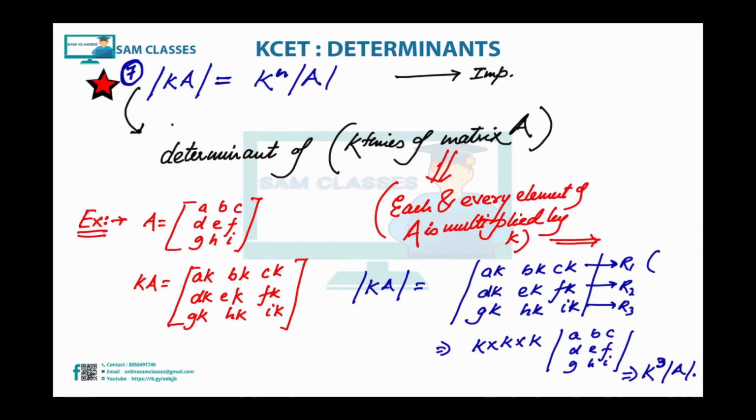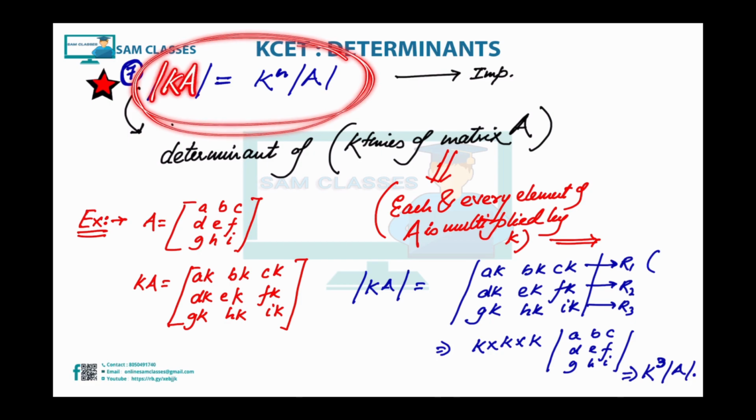Now here is the most important property which we were talking about. The determinant of kA is equal to k to the power n times the determinant of A. Now you will say, sir, it was different for matrices and different for determinants, so understand. There is a simple difference.